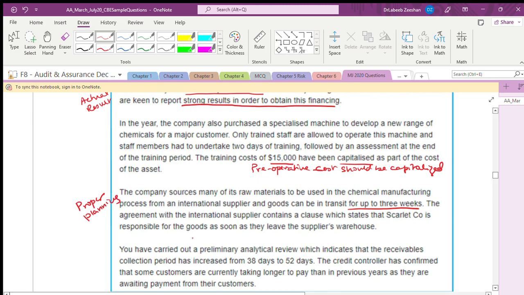The contract contains a clause that states the company is responsible for the goods as soon as they leave the supplier's warehouse. I am not responsible, is it right? I don't think so. When I am purchasing, it's the person who is delivering who is responsible.